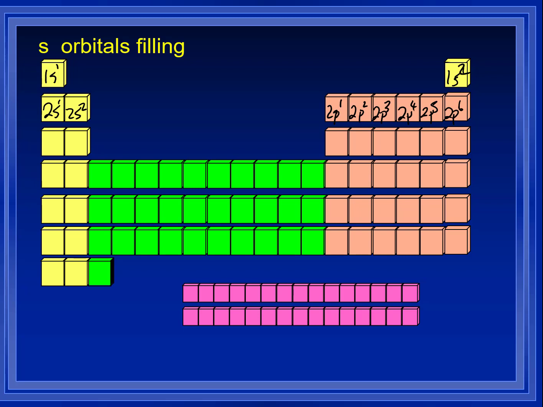So if you got one in the first column, it's going to stop at s1. If you stop at the second column, it's going to end in s2. Then over here where it's 6 wide, the first column is going to end in p1, then p2, then p3, then p4, then p5, then p6.